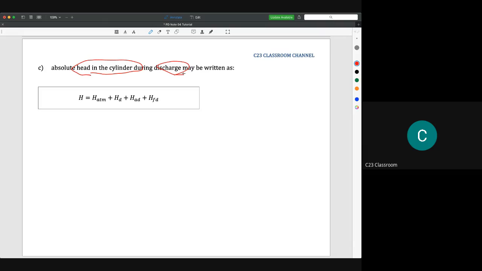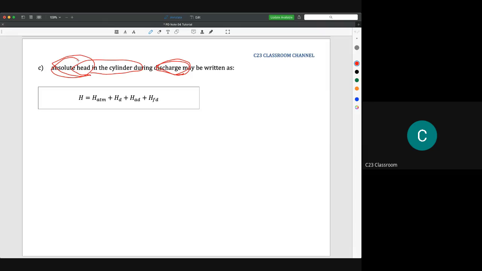But in discharge, we have the reverse idea. For discharge, we need to make sure that our piston pump has enough power to push the water to a certain height. What does having enough energy mean? We need to make sure that the absolute head in the cylinder is enough.